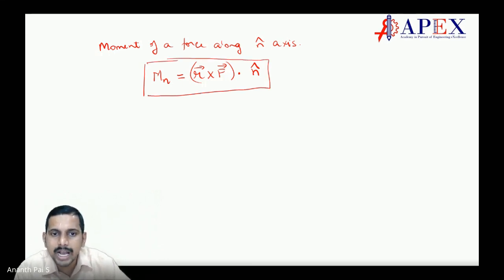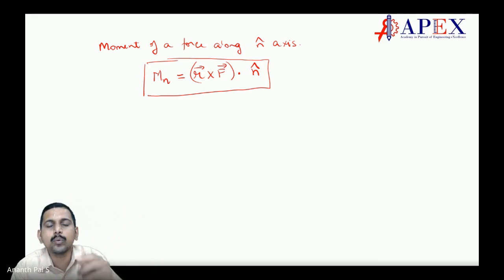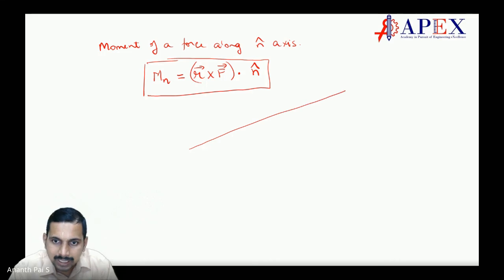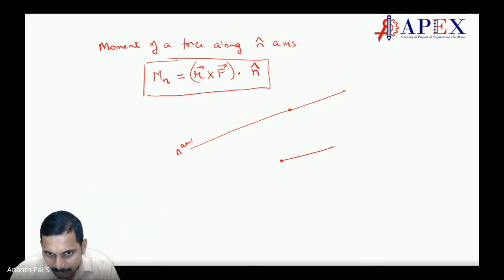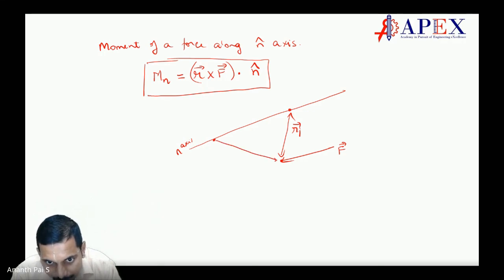Now when you take R cross F, what R has to be understood, is it not? That R can be any point on the n axis. So if I have a force acting somewhere here, in some other direction, and I want to calculate R cross F, it can be R1 cross F. Let us take this as R2.